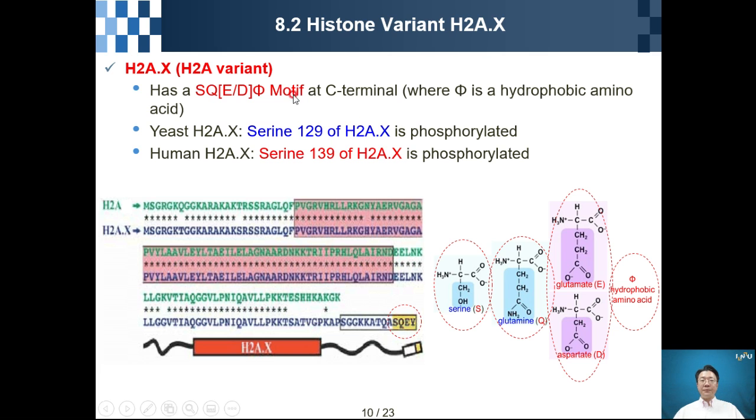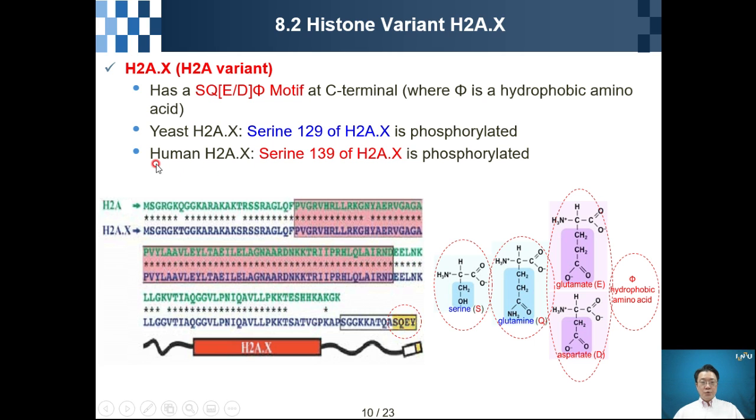Okay, and for example, yeast H2A has serine at the 129th location. So in yeast H2AX, serine 129 is phosphorylated.